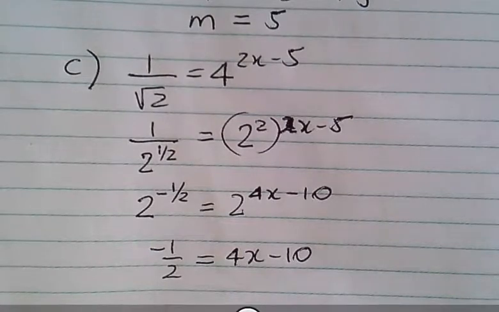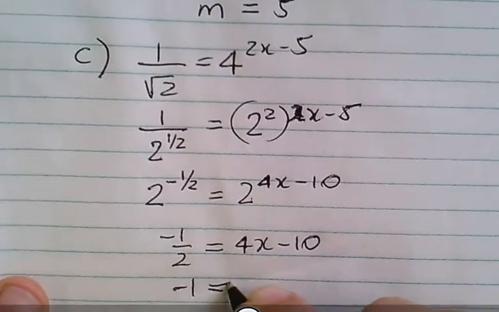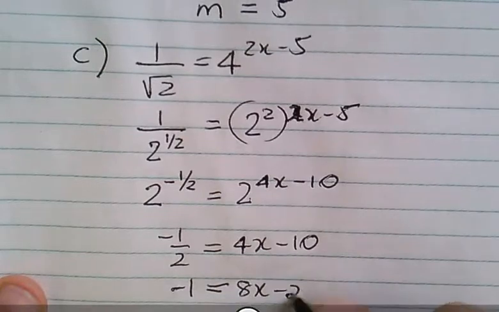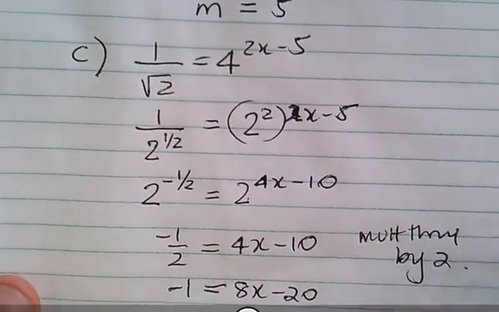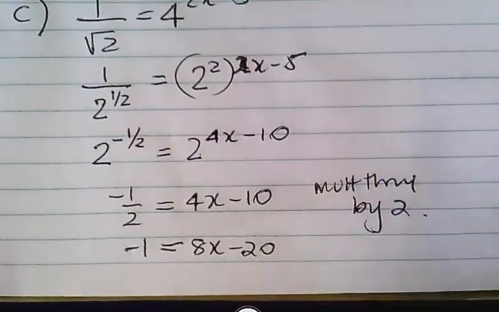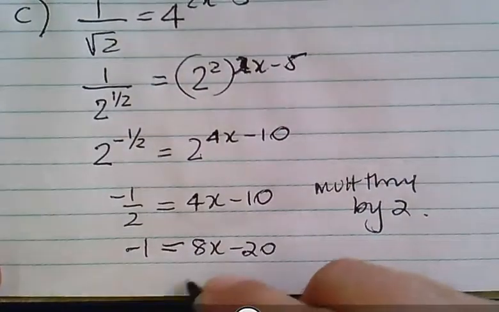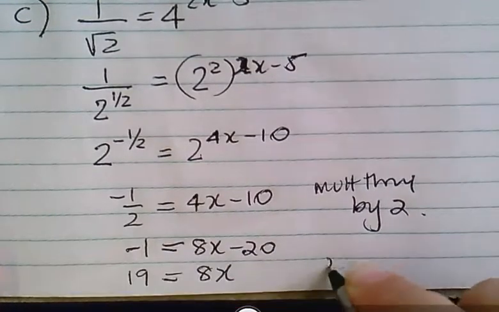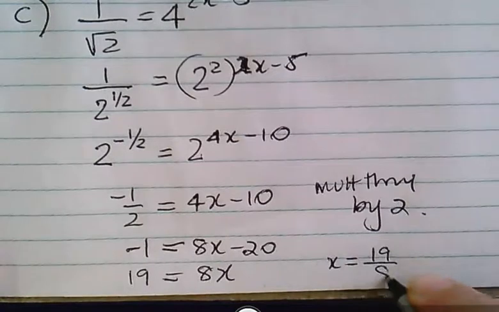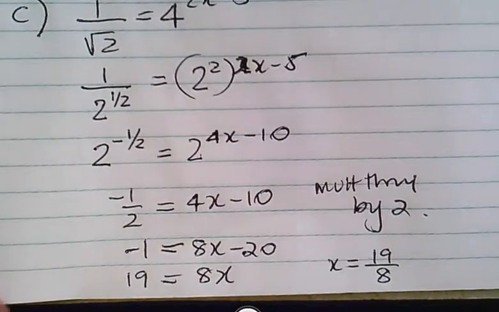I probably would. Negative 1 equals 8x minus 20. So multiply through by 2. And what have we got now? 8x is what? 19. 8x, negative 1 plus 20 is 19. So x is 19 over 8. Isn't it?